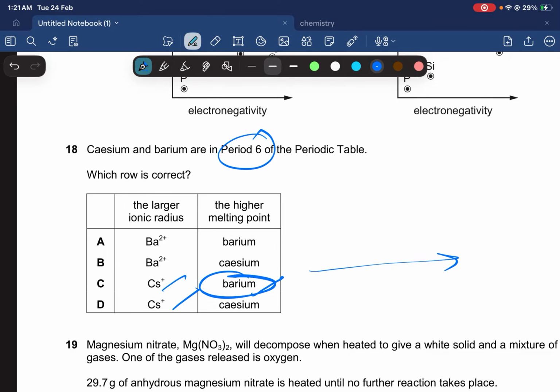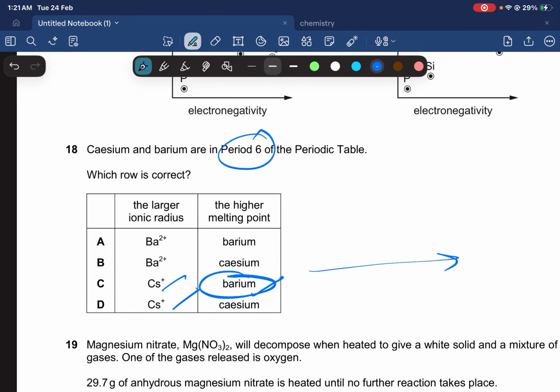So mass equals moles times MR. What do I get? 3.2. Moles is 0.1, MR is 32. Multiply them, you get the mass, which is 3.2. I hope you got it.